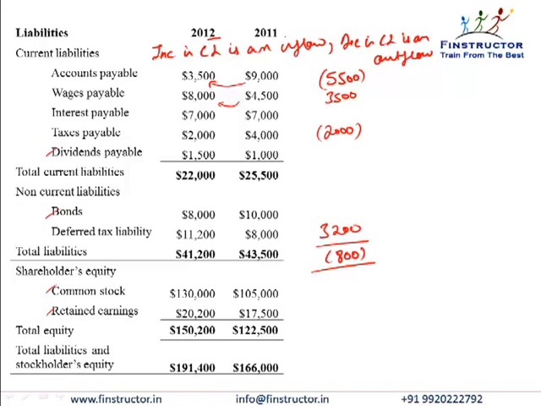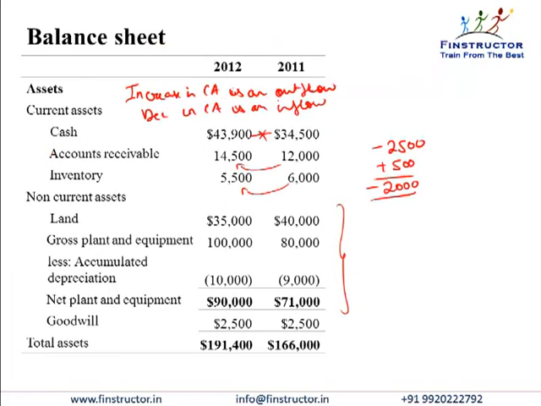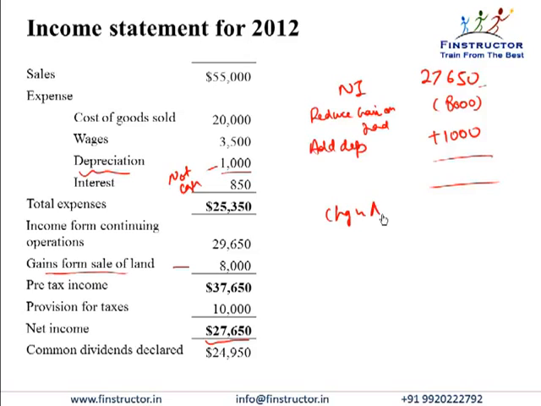So if we sum the various adjustments, change in assets is a $2,000 negative, change in liabilities is a $800 negative.